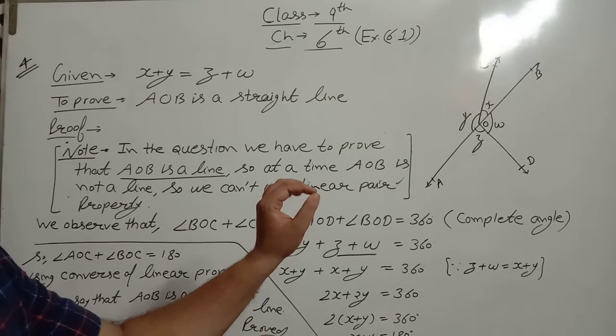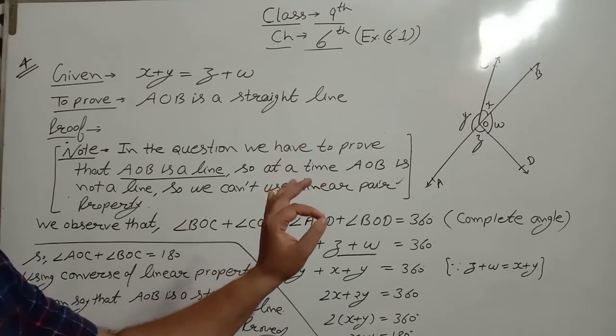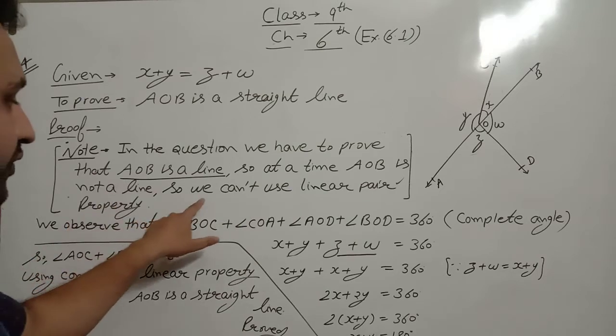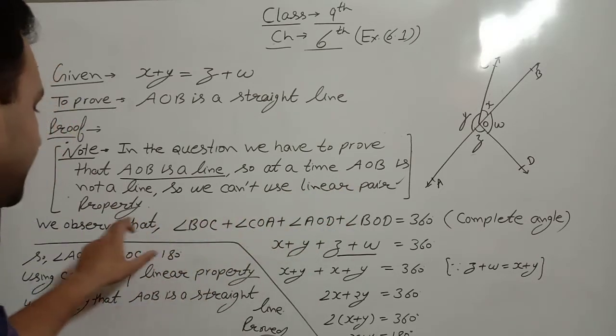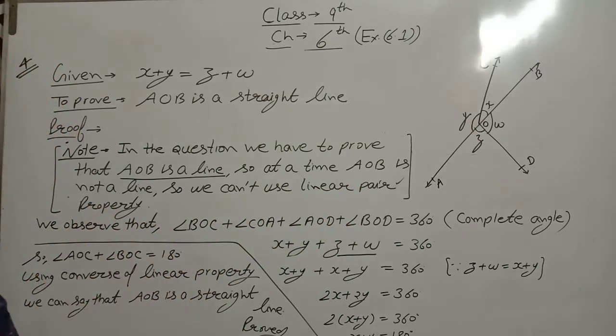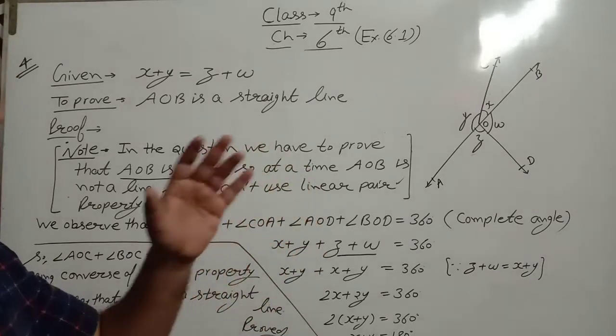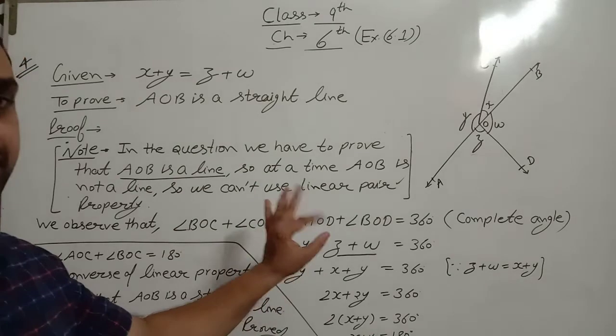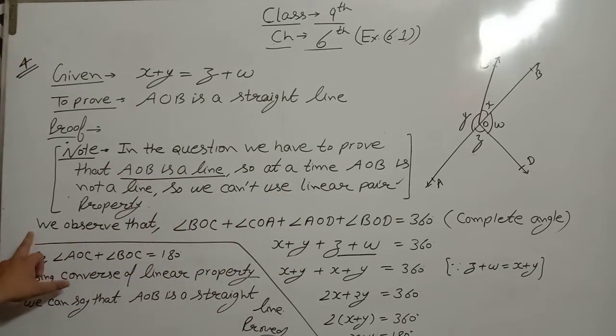Obviously in the figure we say that AOB is a line, but remember it is not a line and we can't use the linear pair angle property. Some students make the mistake of using the linear pair angle property, but we can't use it at this time. Okay, now start the proof.